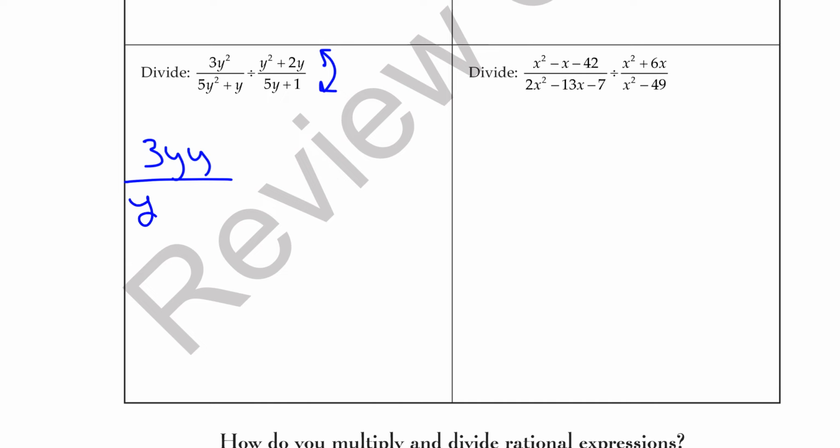So we'll factor out a y. It'll be 5y plus 1. That's going to be times y squared plus 2y, which has a GCF of y. I'm going to remember to put it on the bottom, times y plus 2.